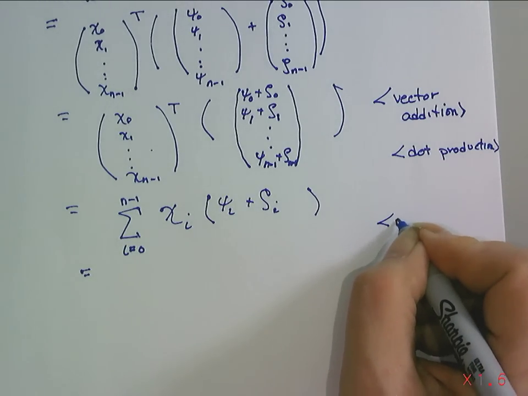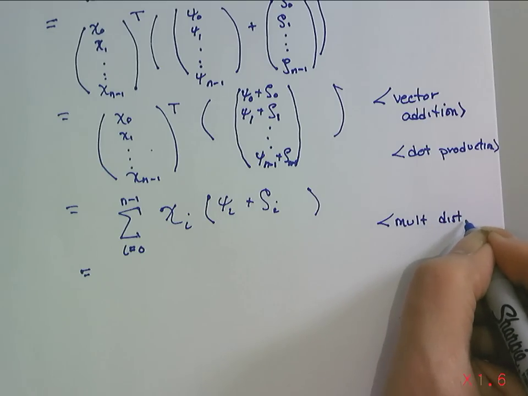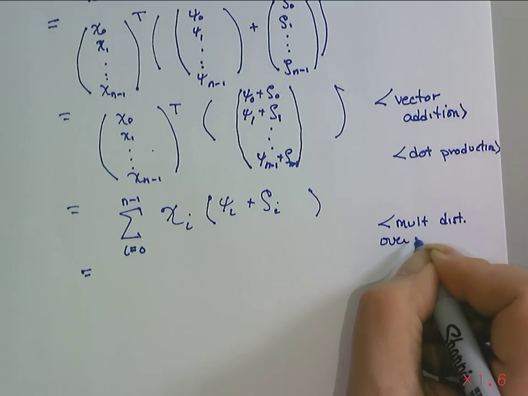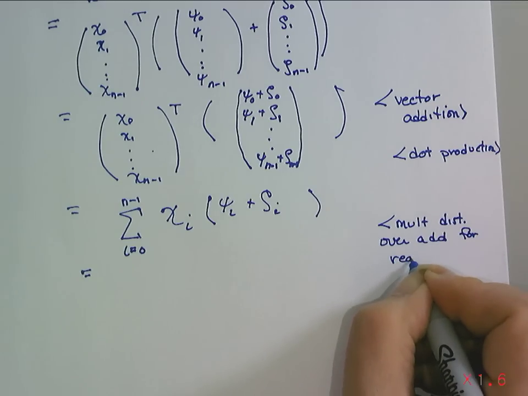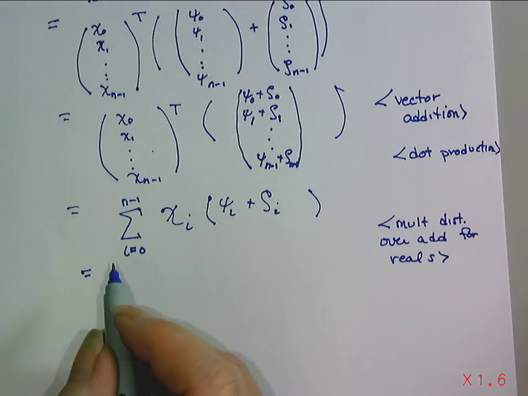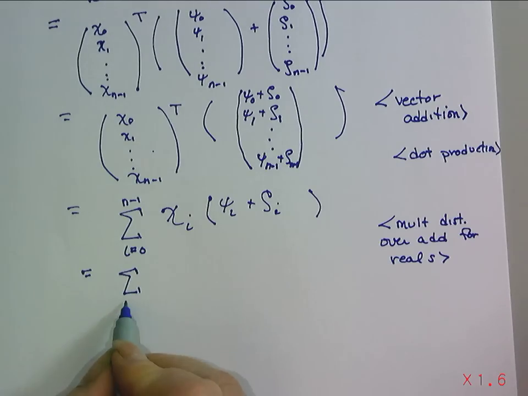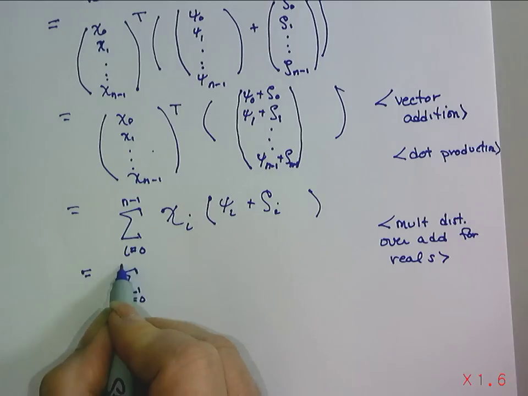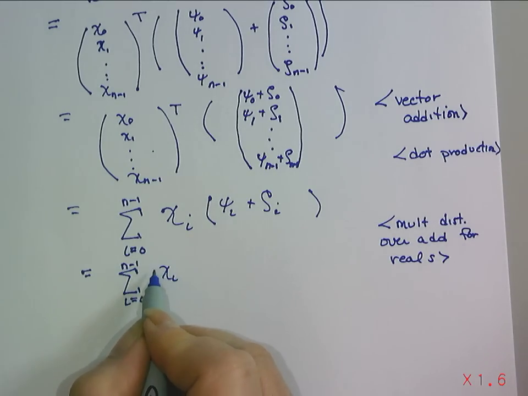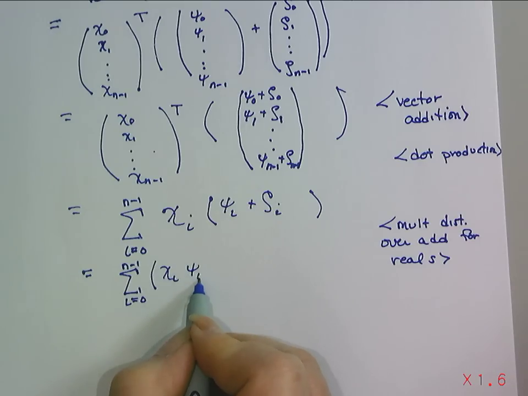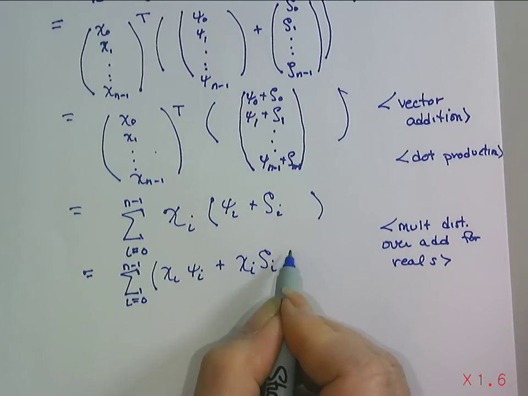So this means that what we have is equal to the sum from 0 to n minus 1 of the chi i's times the psi i's plus the chi i's times the zeta i's.